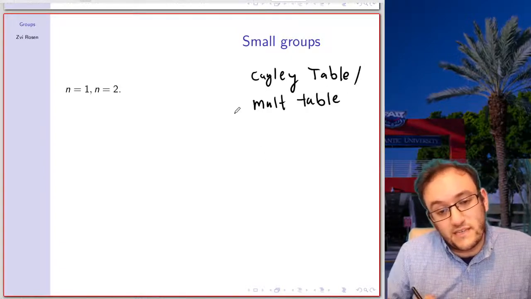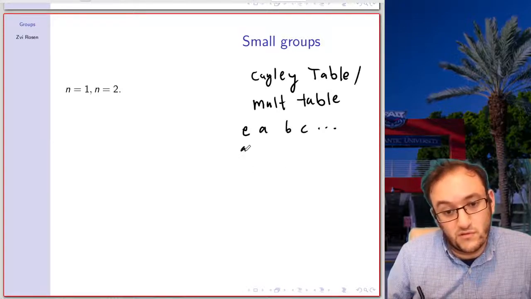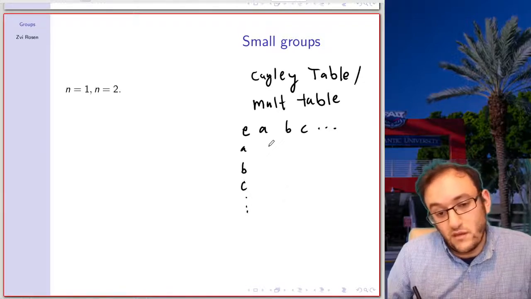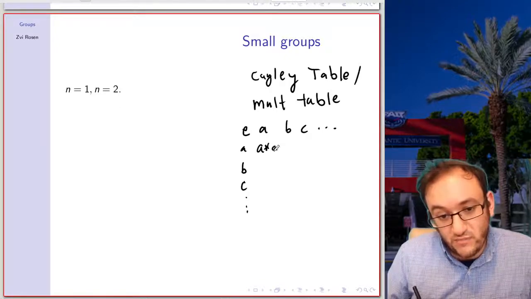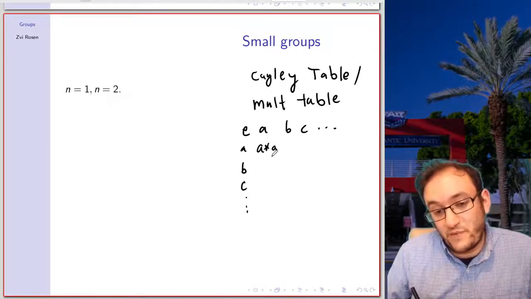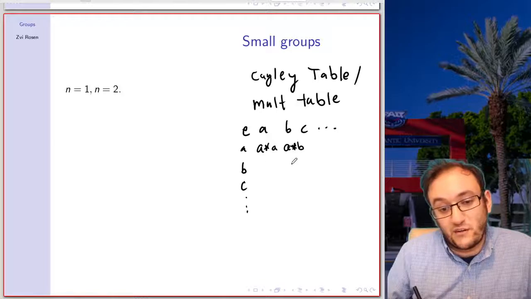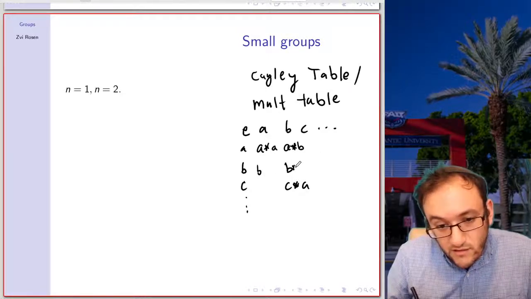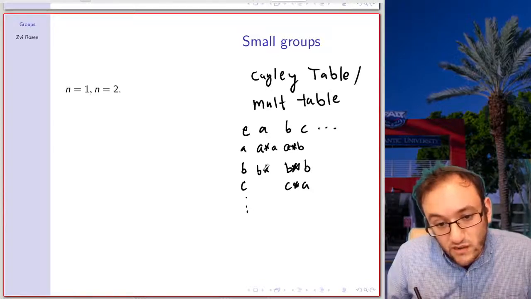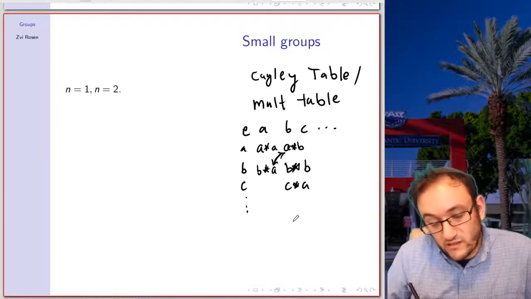The way that this works is you take all of the elements of the group and then in each of the spots you indicate which element of the group is given by the binary operation: A star A, then A star B, etc. And then here you have B star A, C star A, etc. Sorry, this should be B star B. This would be B star A. You'll notice that these won't necessarily be the same unless the group is abelian.